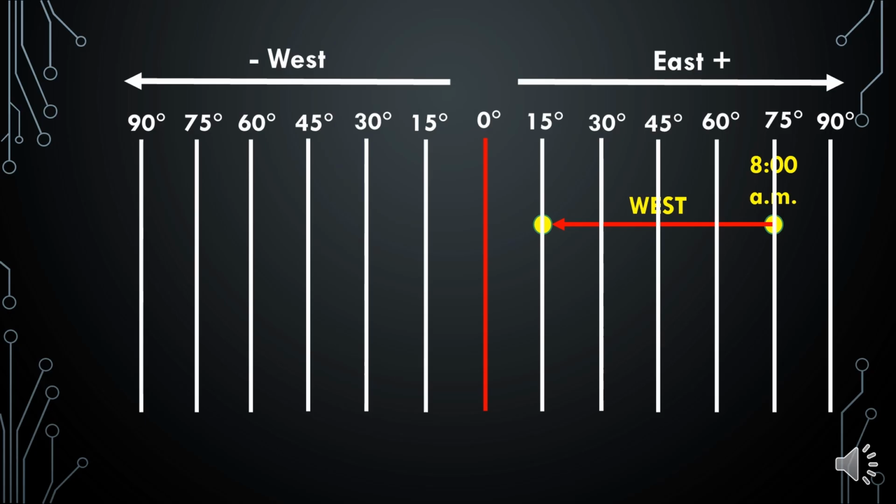And if we are losing time going westwards towards 15 degrees east from 75 degrees east, it means that we need to subtract from the time already stated at 75 degrees east in order to find out what time it is at 15 degrees east.